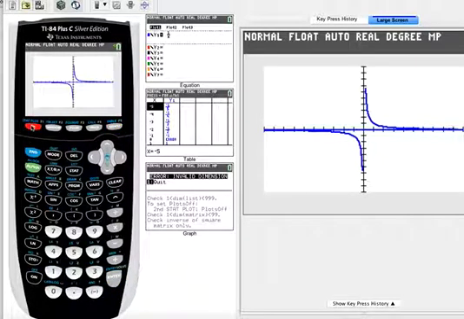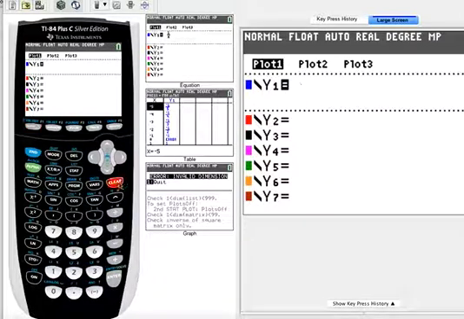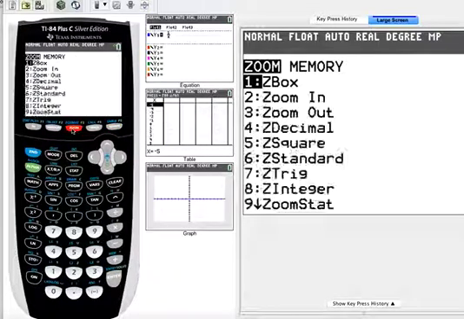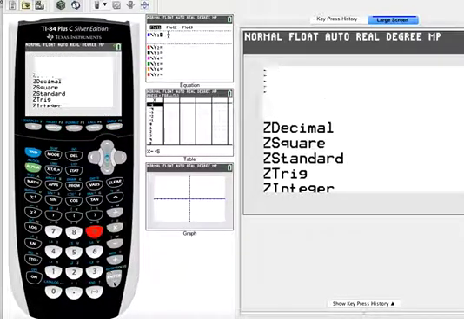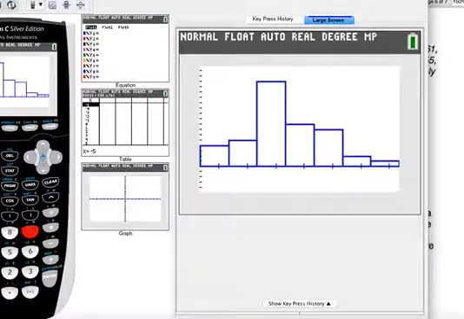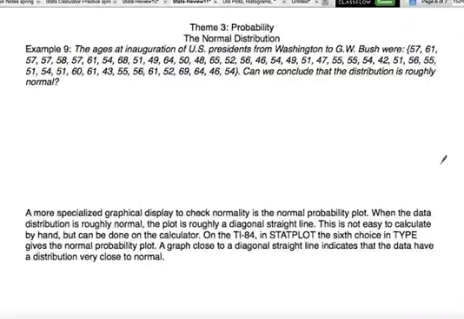Oh, I got something in Y equals. Hold on. So then always hit zoom, and then stat, and then you can see your distribution. As you look at this distribution, you can tell that it's roughly unimodal, meaning it just has one peak, and it's roughly symmetric as well.